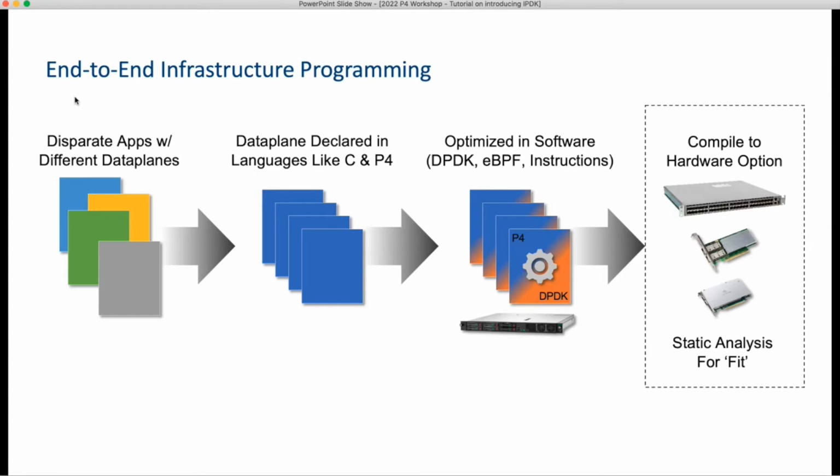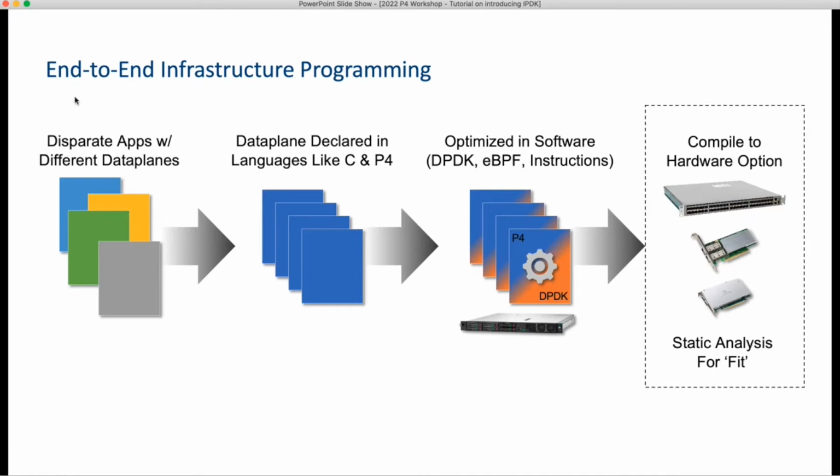So I am now going to turn to the second part of my tutorial, which is why and how P4 is such an important central piece of our IPDK framework. The first three steps in this slide are usually how infrastructure programming has been done till now. We always start with a cluster of disparate apps with their different data plane requirements.